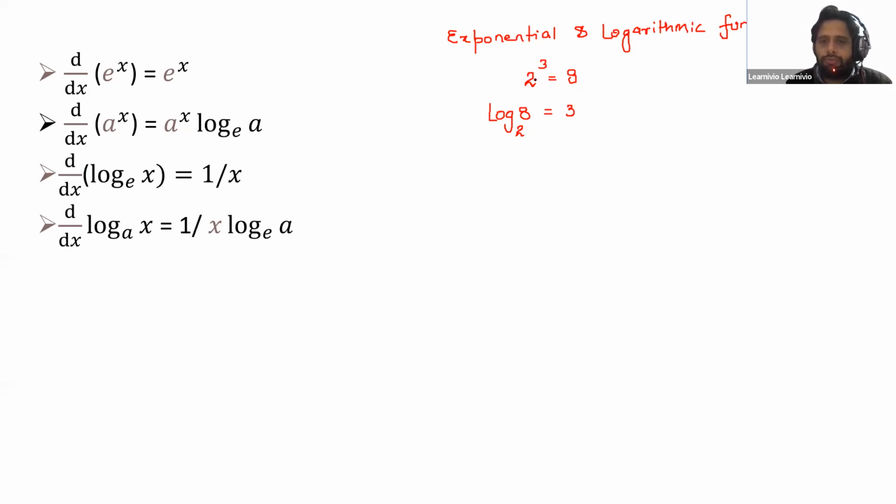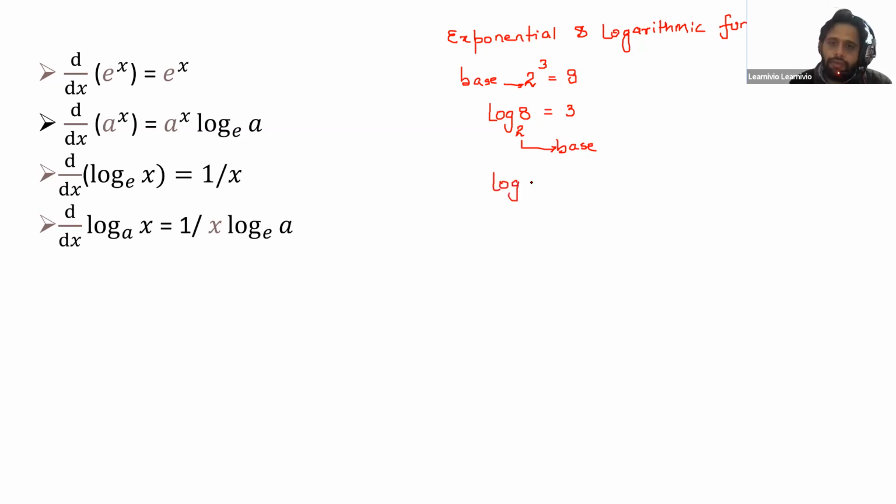Here, 2 cubed is equal to 8, and in log, whenever we have log 8, there should be some base. This is the base. Similarly, in log, this base comes here. So we will solve it by asking what should be the power of 2 so that we will get 8, so that will be equal to 3.